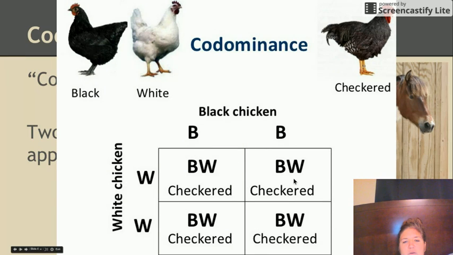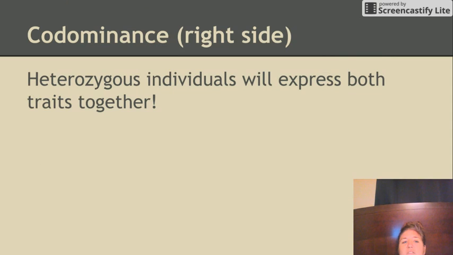So now you have all of the offspring being heterozygous, but they have heterozygous with two dominant alleles, and they end up in this checkered formation like you see in this upper right picture. So you get a checkered black and white chicken instead of a white chicken or a black chicken or a gray chicken. So in codominant situations, heterozygous individuals will express both traits together.